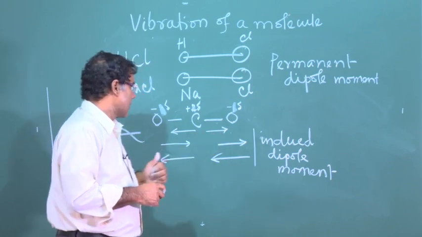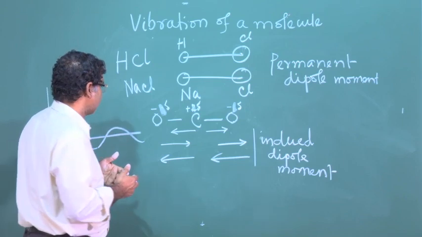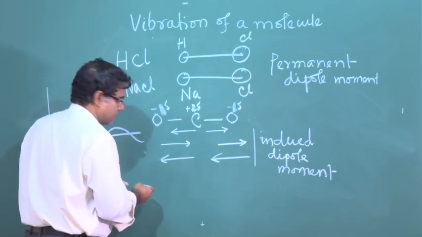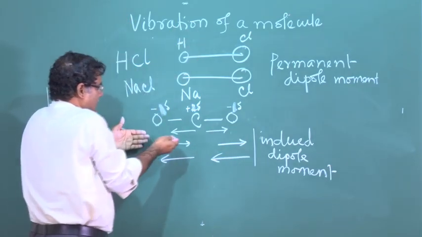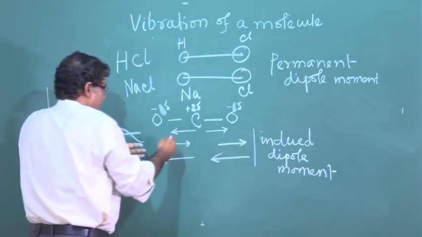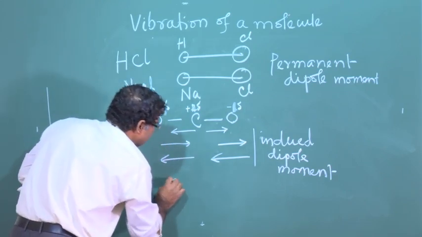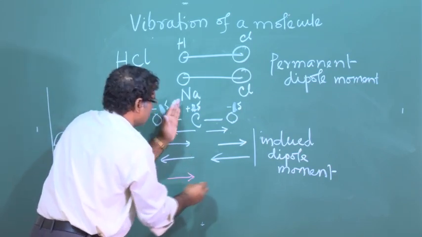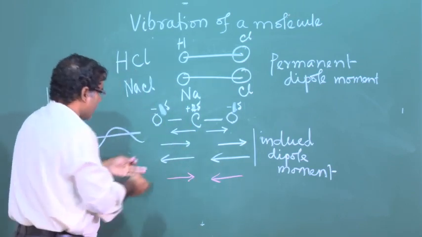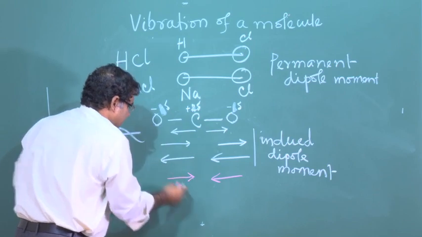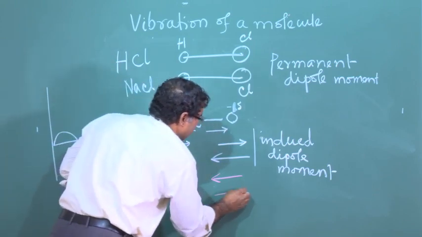Okay. Now, if this vibration is in a different way, so it was in the same direction, now if it is in the opposite direction, when it is going this side, the other one is going the other side.